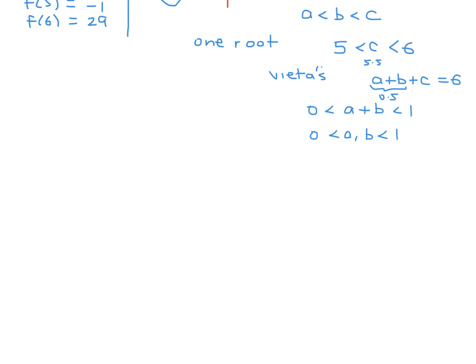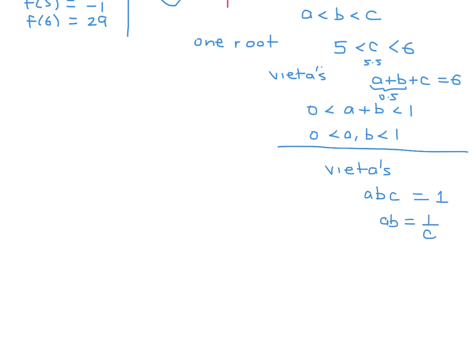Okay. Now the next step, I think, is to figure out a little bit more information using another Vieta's formula, and that was the one that we got for the product of the roots, and that was that the product is 1 in part A of this question. So A, B, and C, if you multiply them together, is 1. Now, that means that A times B is equal to 1 over C, correct?